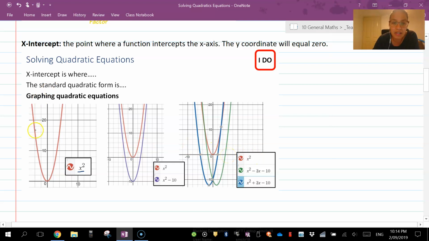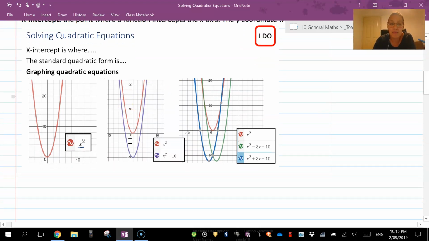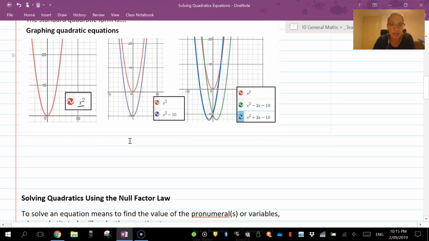In this case, with this blue one, it's 1 and 2.5. They are the solutions to this quadratic. If you're getting a bit lost, this is just the physical representation of it, so that you can see where these come from. But we're going to look at actually how to solve them algebraically.